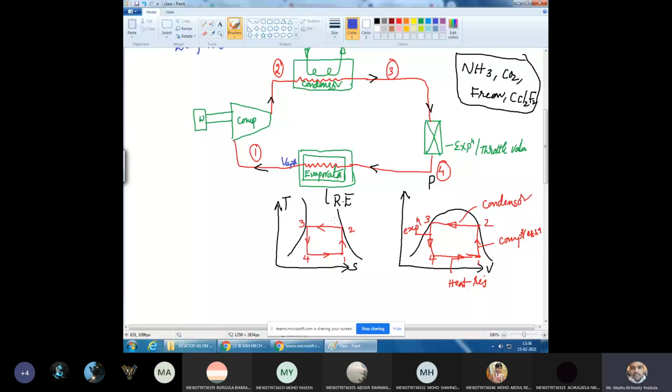We are extracting heat from the system; the refrigerant is taking the heat and the system is rejecting it. For clarity, let us take it as heat addition.